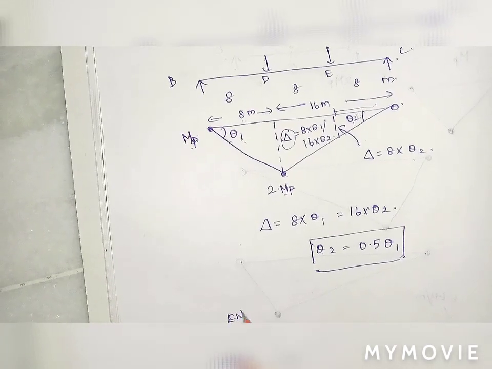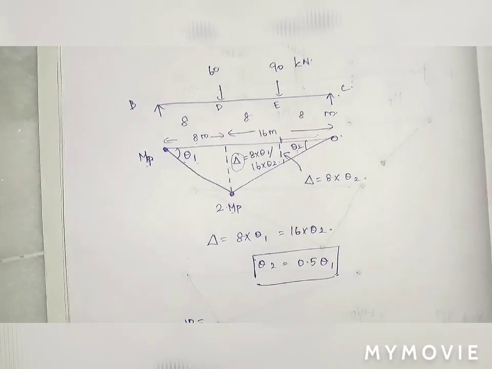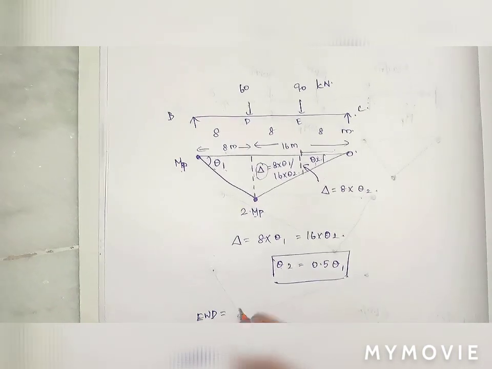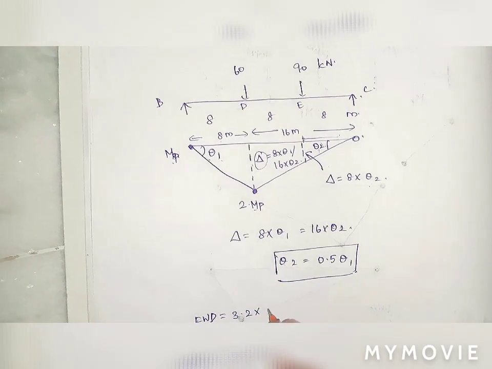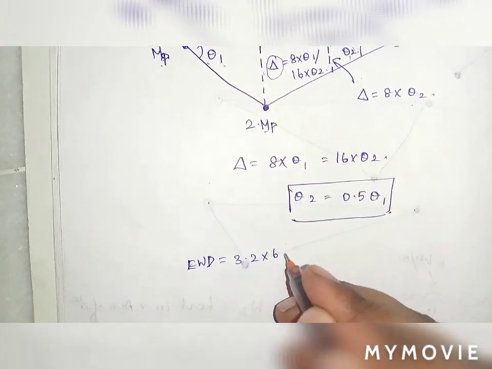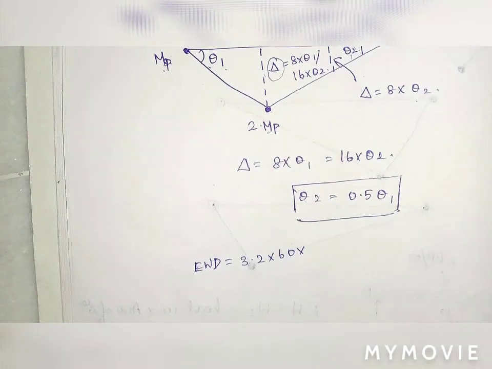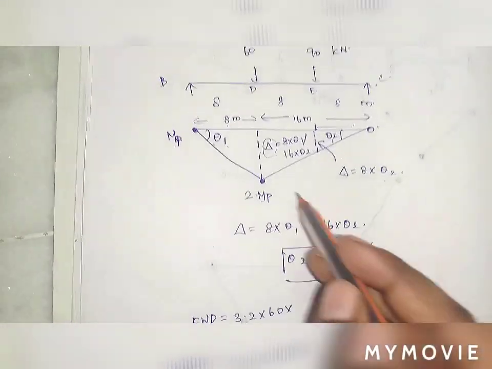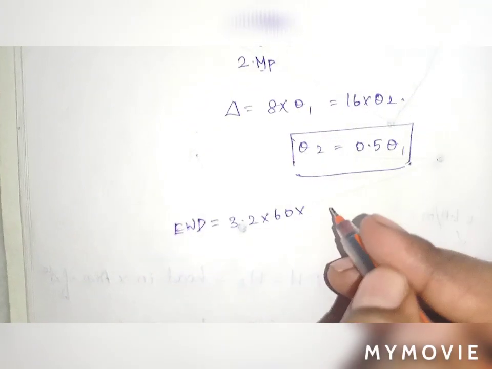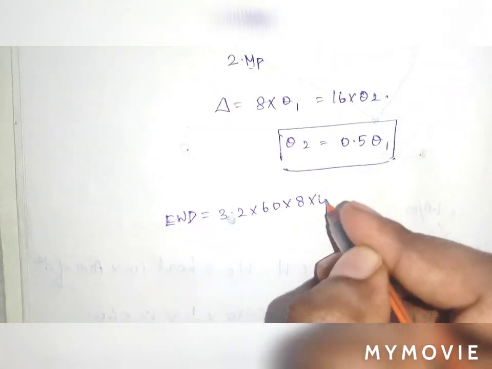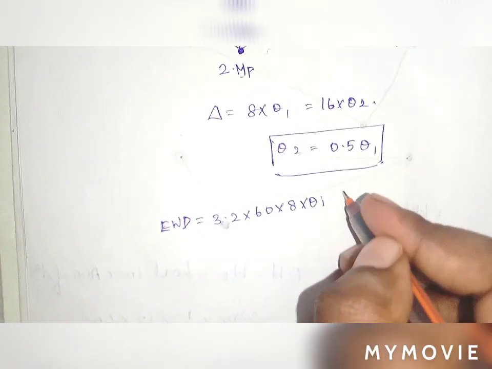So external work done is equal to load into deflection. So the first load, before putting the load, you should multiply the load factor. 3.2 into 60 into the corresponding deflection at D point, which is equal to 8 into theta 1. 8 into theta 1. Okay.